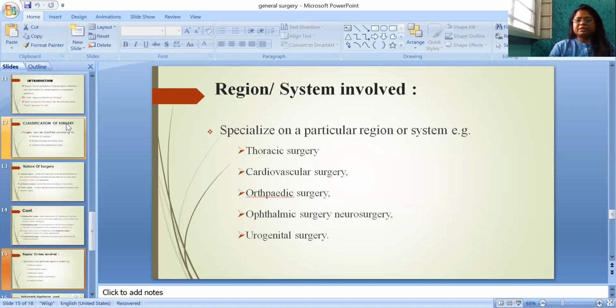Then ophthalmic surgery is related to the eye. If there is cataract, cherry eye, glaucoma, tumor of the eye, or many conditions related to the eye, that is ophthalmic surgery.